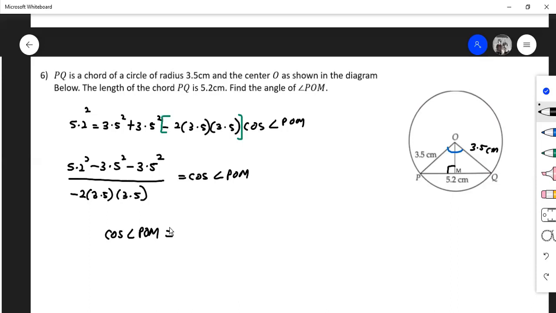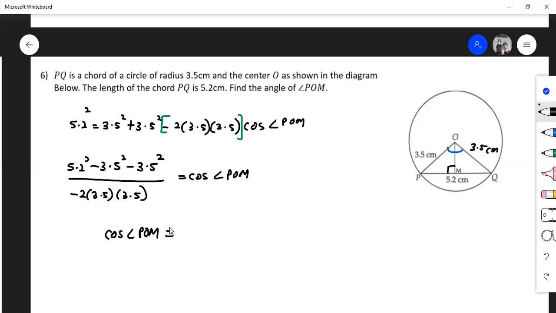Okay, there's some problem here. Let me rectify the problem. 5.2 squared, I bring the 3.5 and 3.5 to that side. I'm not getting what I should get. 5.2 squared minus 3.5 squared minus 3.5 squared. Okay, oh, I know why already.